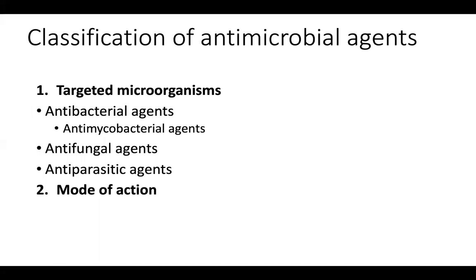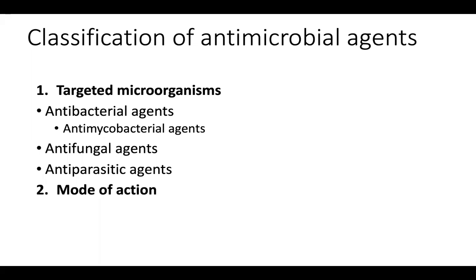So you can have antibacterial agents, and you also have some other classifications. For example, the antimycobacterial agents are reserved drugs that target bacteria in the genus Mycobacterium, because we have important infectious agents like Mycobacterium tuberculosis, which causes TB.